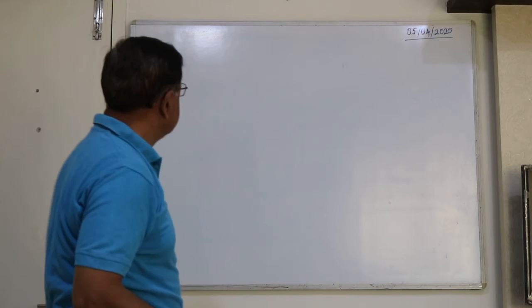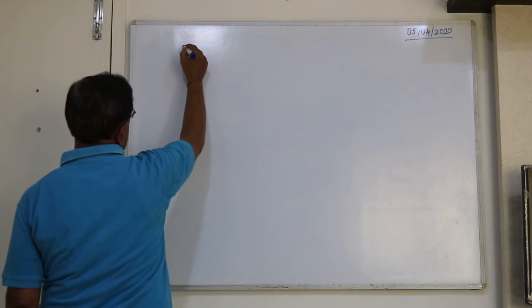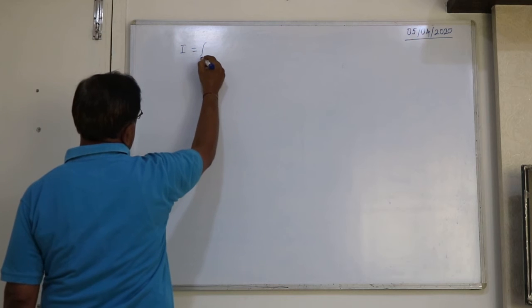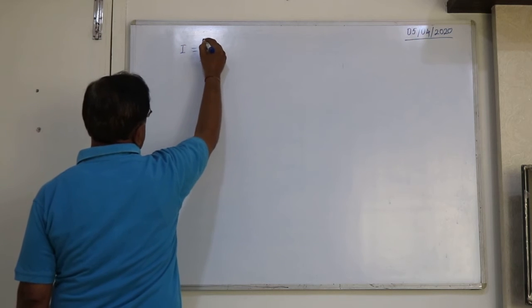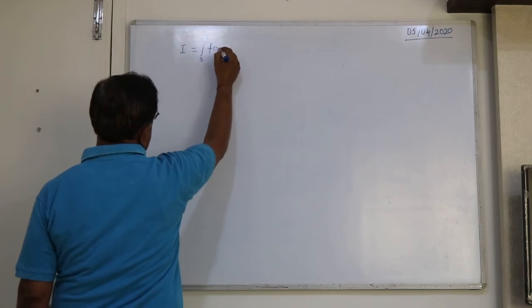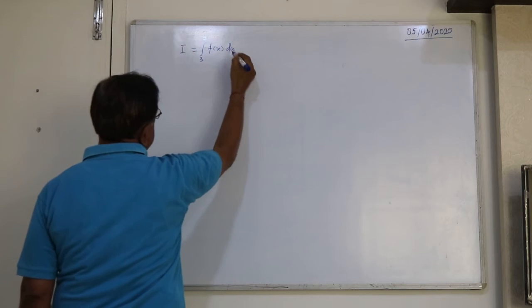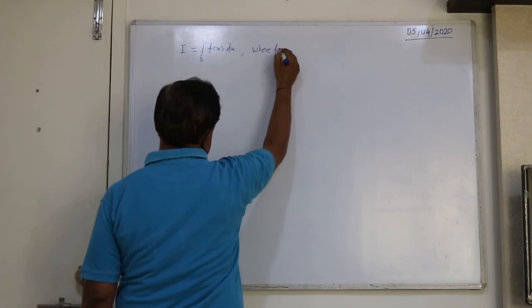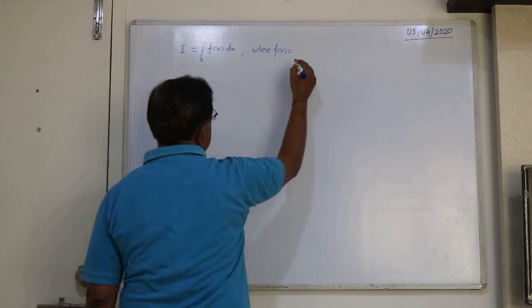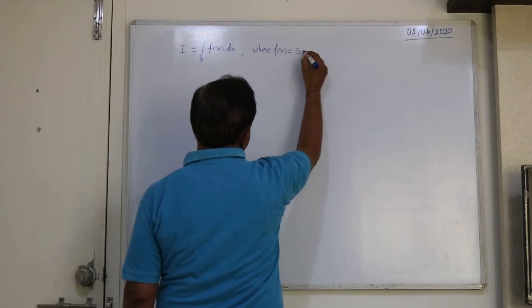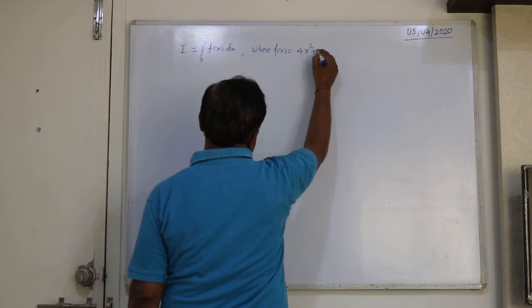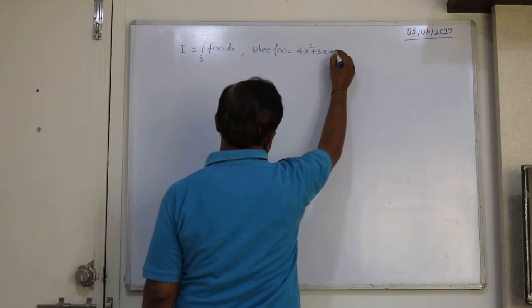Let's solve the problem: evaluate the integration I equal to 3 to 7 of f(x) dx, where the function f(x) is equal to 4x square plus 3x plus 10.